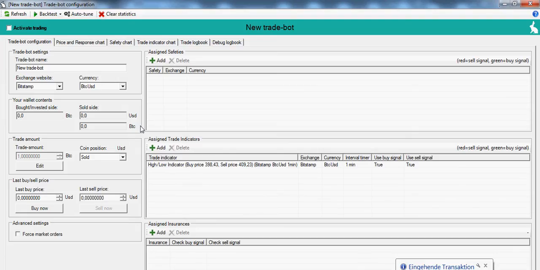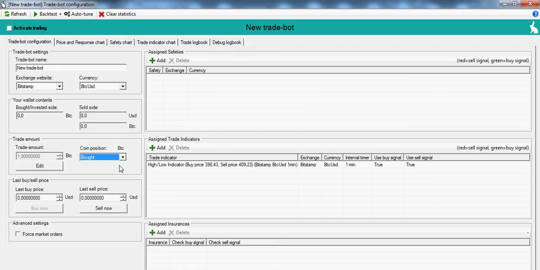And if you have dollars at the exchange and no Bitcoin, then you want to make sure you start with the coin position in sold. If you have only Bitcoin and no dollars, then you want to make sure that you start with a coin position in bought. And that goes for all coins.